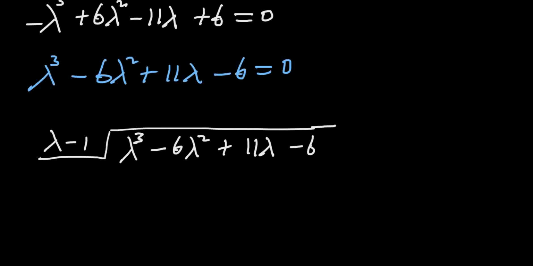First we need to divide lambda cube by lambda, and that would give us lambda squared. Just simply write the answer over here. Next we use this to multiply lambda, and that will give us lambda cube, and also use it to multiply negative 1, and that will give us negative lambda squared.